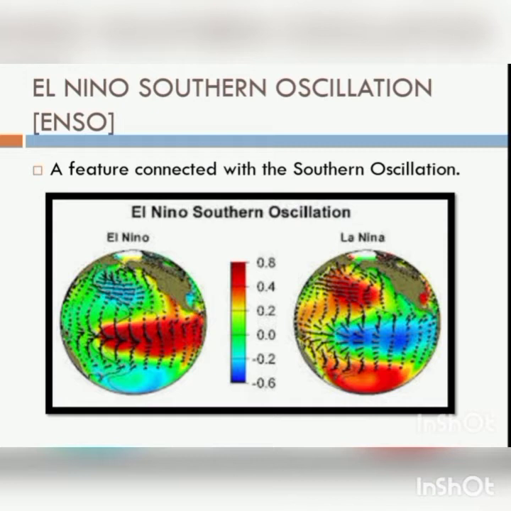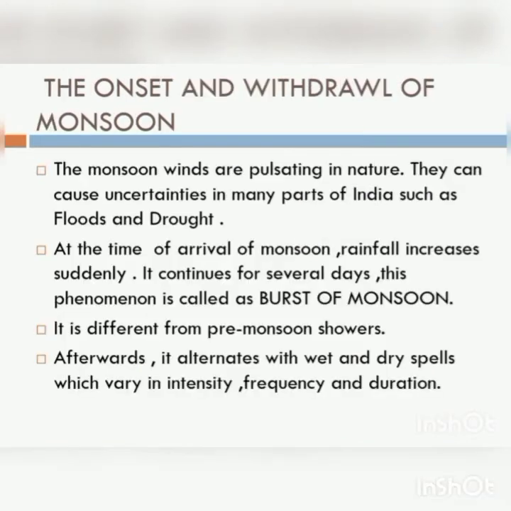It occurs at the interval of 2 to 5 years. The changes in pressure conditions are connected to El Nino. Hence, the phenomenon is referred to as ENSO, that is El Nino Southern Oscillation, as you can see in the above photograph.